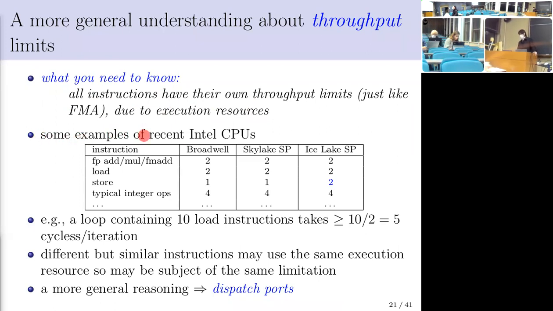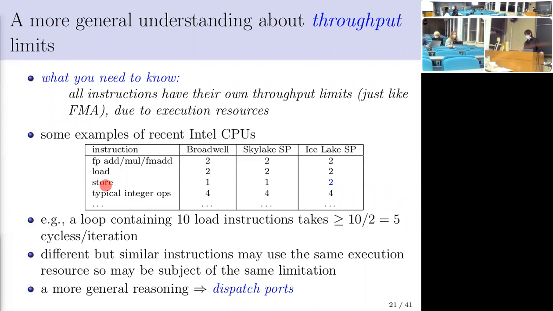Some examples of recent Intel CPUs are like this, but primarily we only have to look at this one, Ice Lake SP, which we are using. It has a throughput limit for floating point addition, multiplication, and FMAs of 2 instructions per cycle. For load instructions, it has the same limit, so the processor can perform only up to 2 SIMD load instructions per cycle.